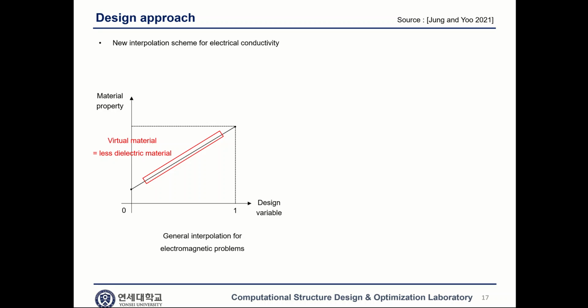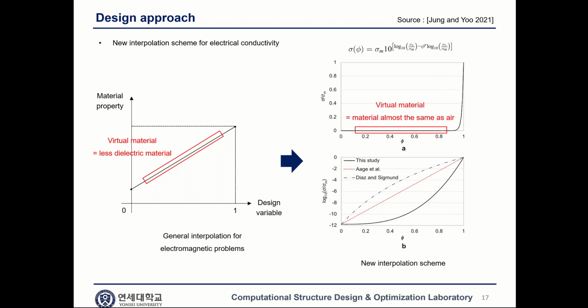However, in the paper, an exponential function is introduced for virtual electrical conductivity to replace the role of the boundary condition for metal structures and enable the update of design variables. In the new interpolation scheme, the virtual material behaves almost the same as air.